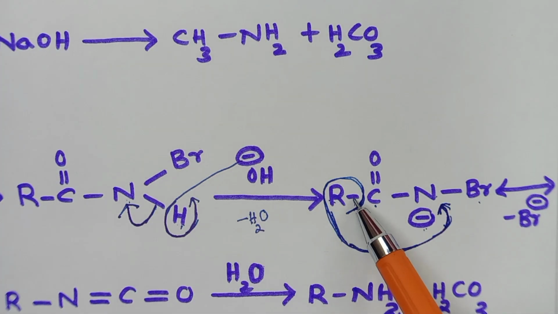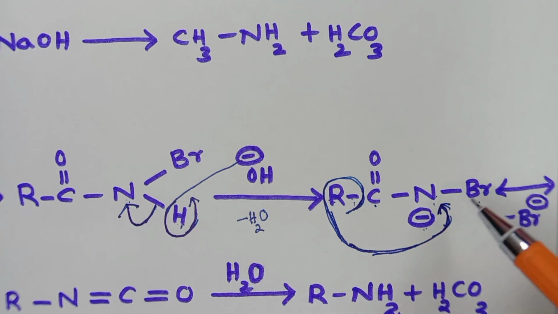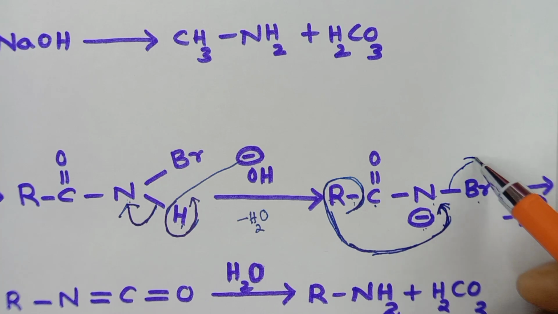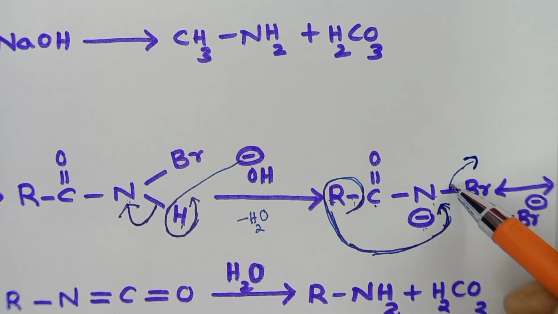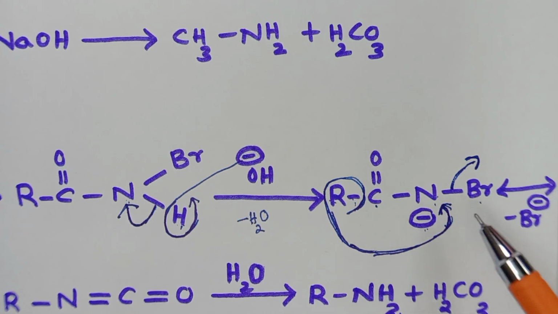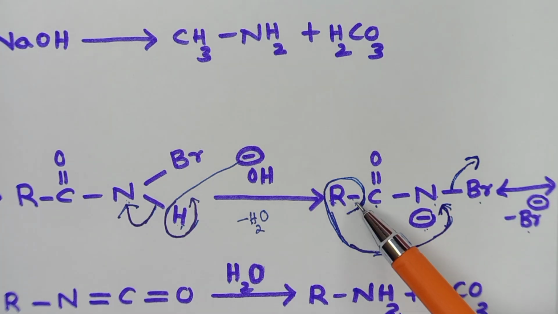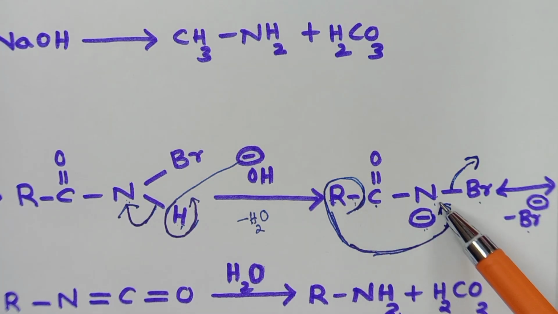So R with this bond coming to this nitrogen and hence this Br along with the 2 electrons is going out as Br minus. Okay, the way we show the arrows should give us the complete meaning, students. Br with the 2 electrons coming out as Br minus, R with these 2 electrons coming to nitrogen.